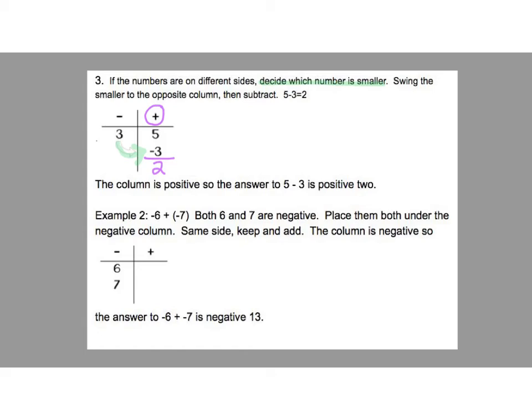If both of your numbers are on the same side, we will keep them on that side and add them together. When we add 6 plus 7, we get 13. The 13 is in the negative column, so the answer to -6 plus -7 is -13.